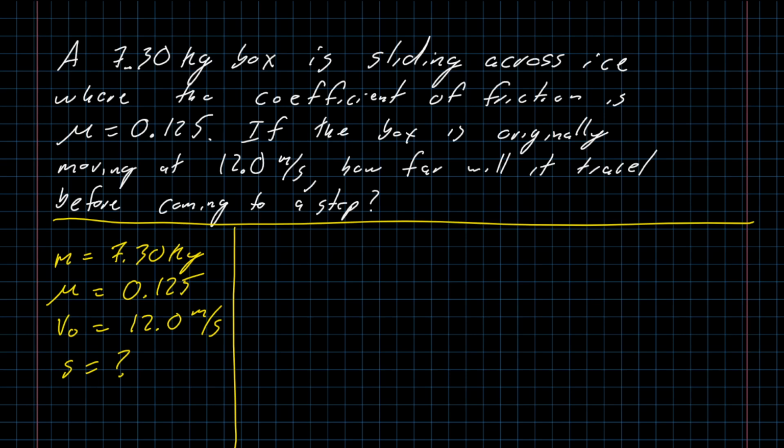So we're going to have to deal with something a little bit different. The tool we've used in the past for figuring out distances, S equals V naught T plus 1/2 A T squared. If we had a time, this would be a great formula to use. We don't have a time, so we probably don't want this formula either.